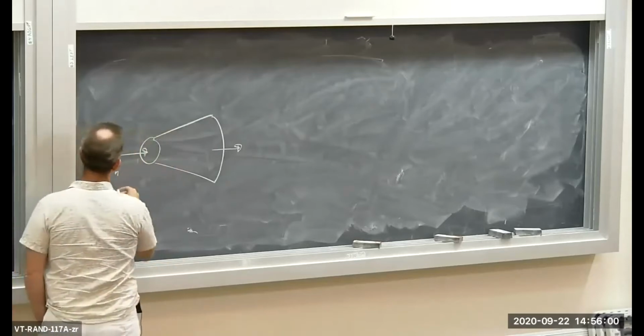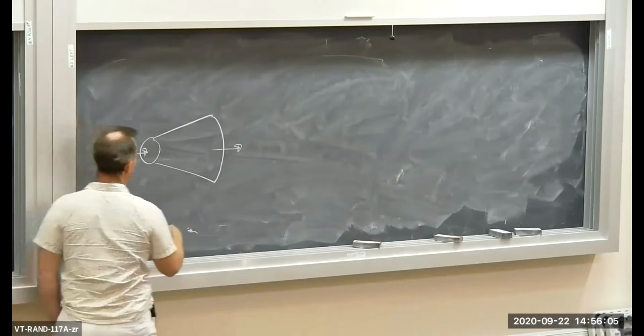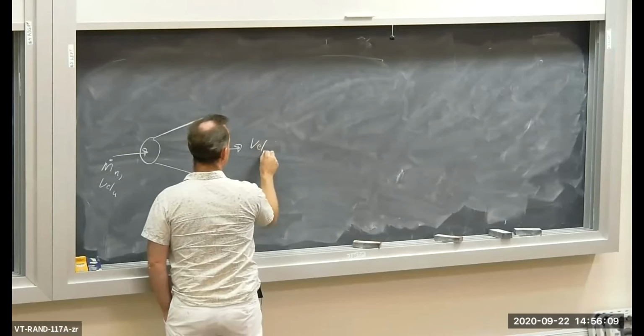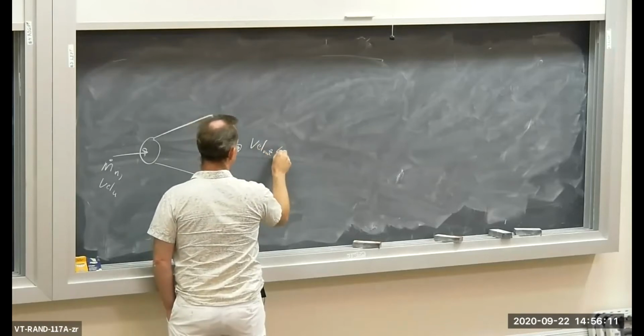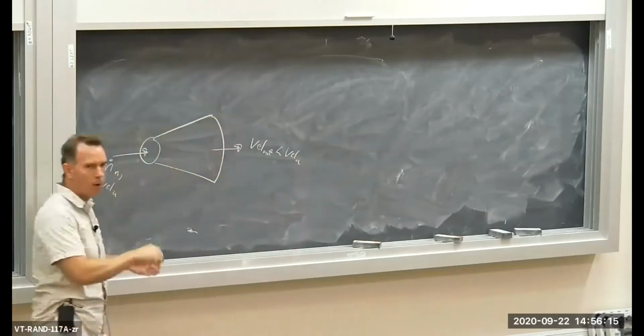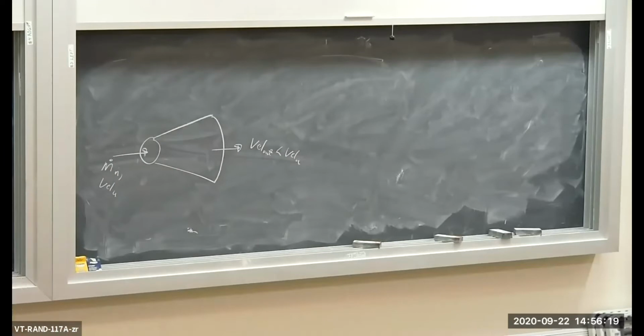Usually we have an inlet velocity, V in, and the inlet velocity is a lot greater than the outlet velocity. So the outlet velocity is less than the inlet velocity. We slow the flow down by the area change that you see here.